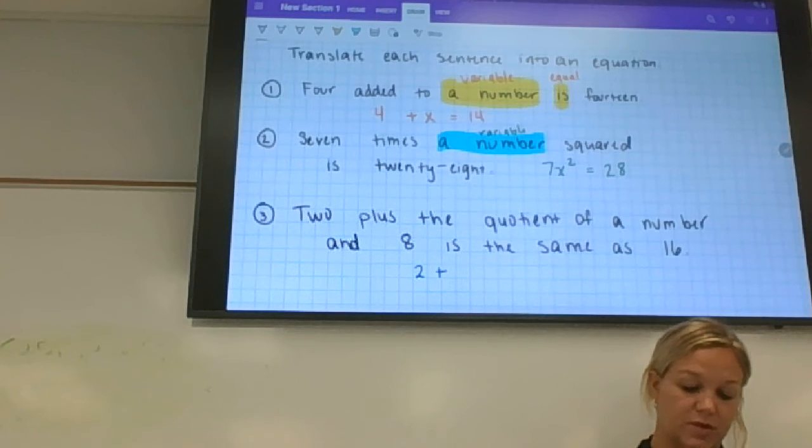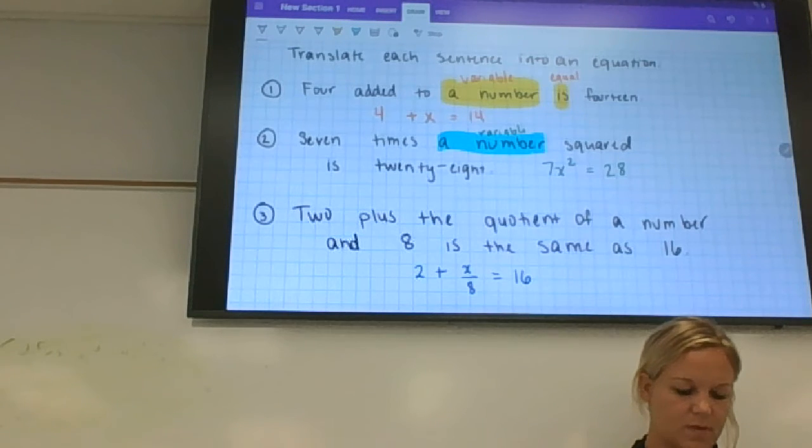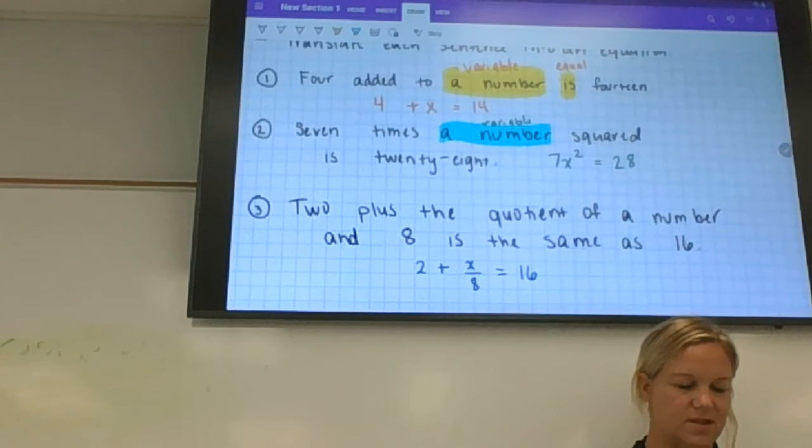2 plus the quotient of a number and 8 is the same as 16. What's x?